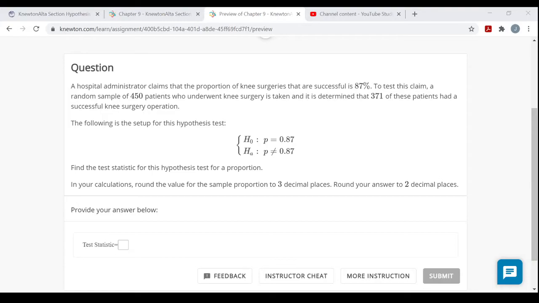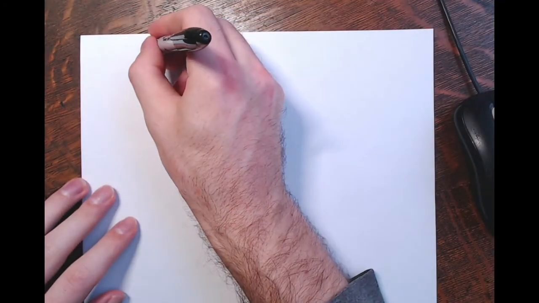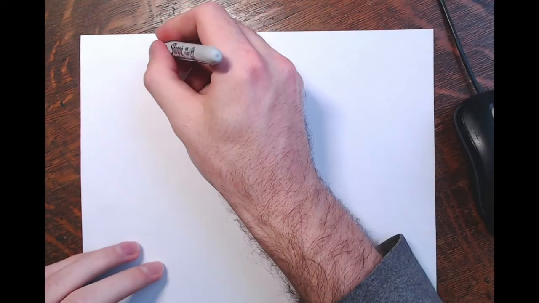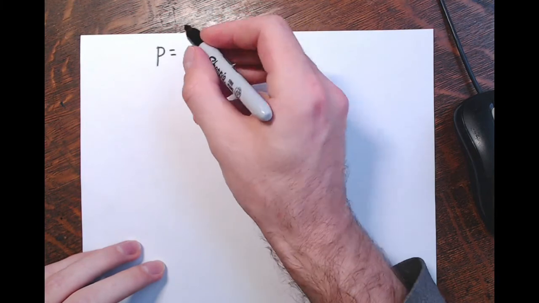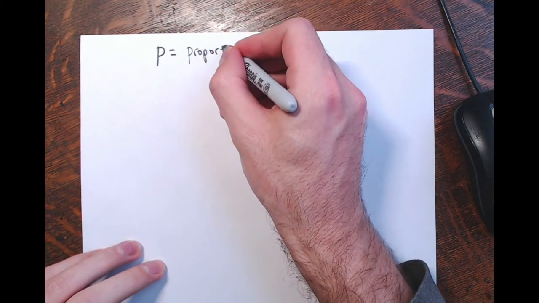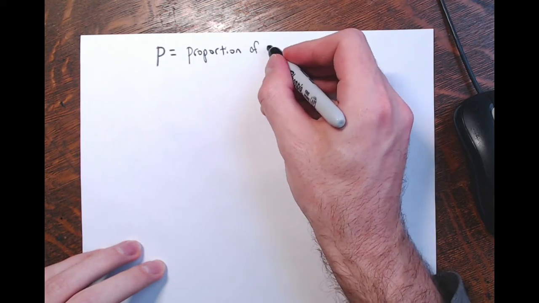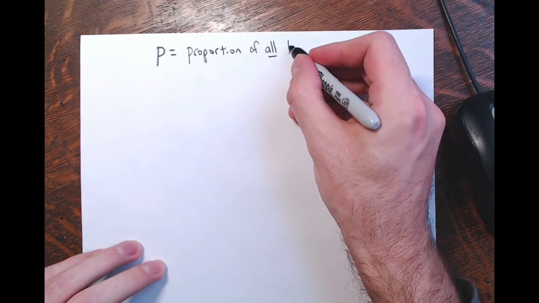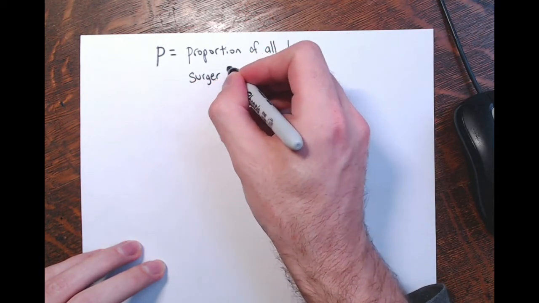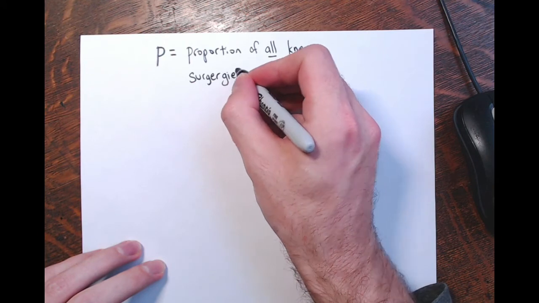Again, I'm going to go to a piece of paper and write some of this information out. P, our population proportion, represents the proportion of all knee surgeries that are considered successful.